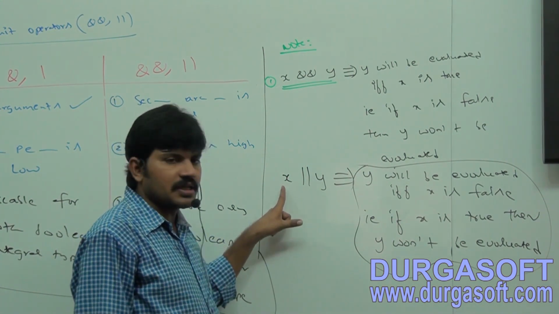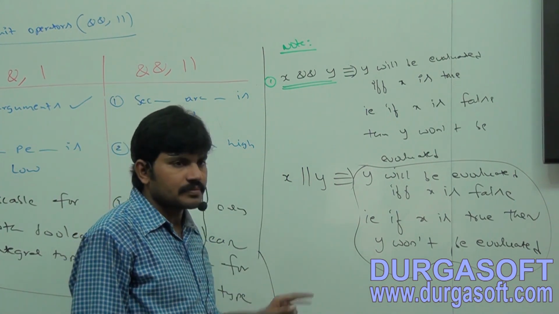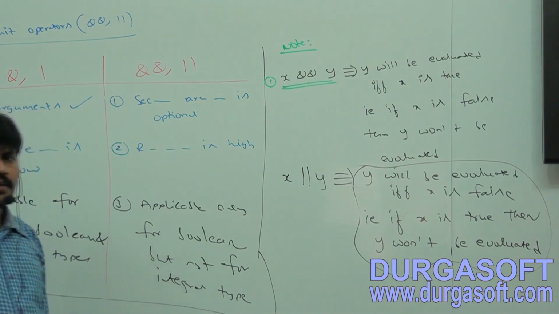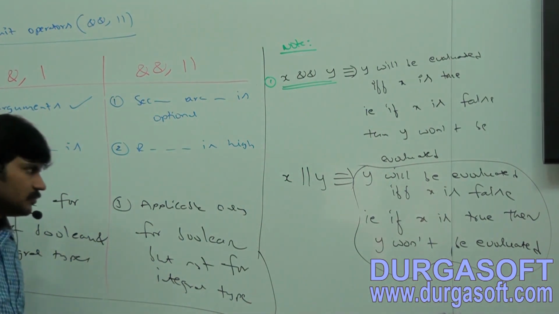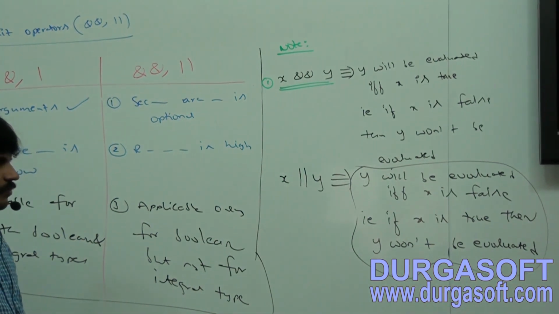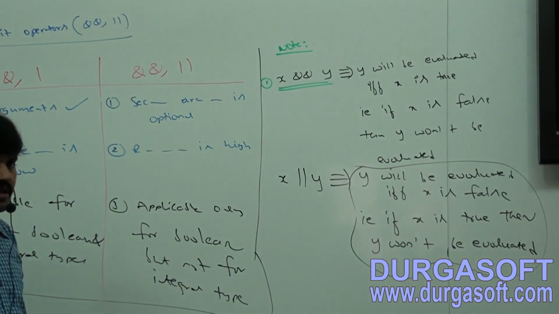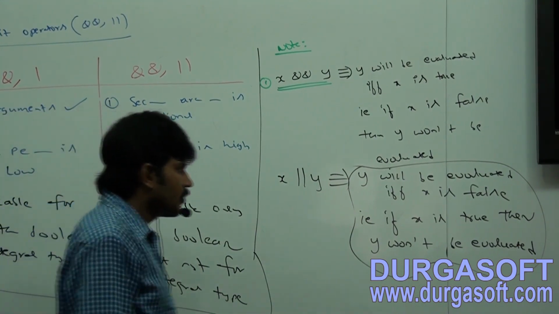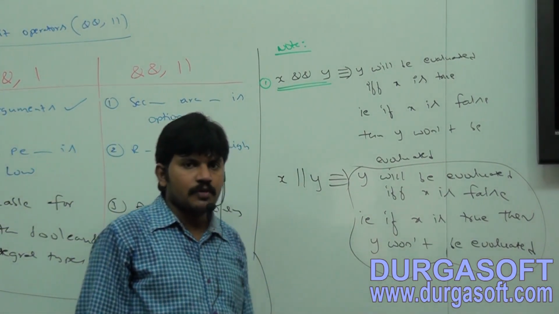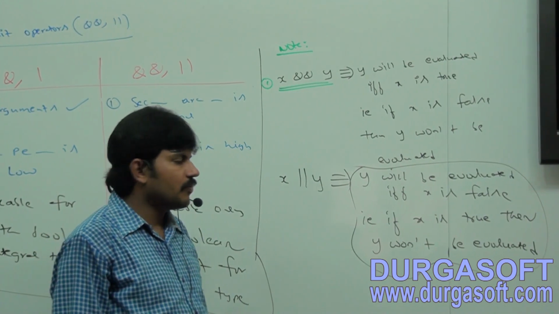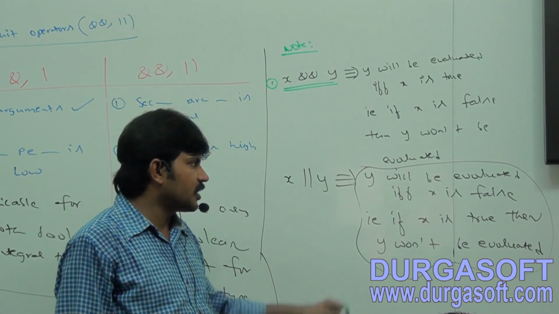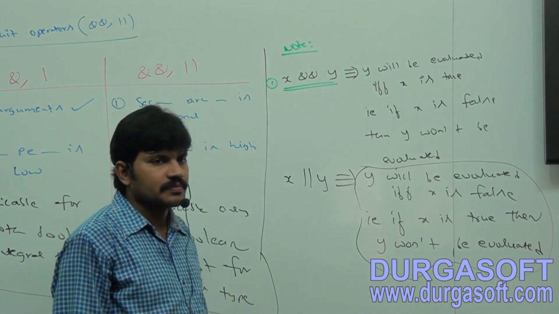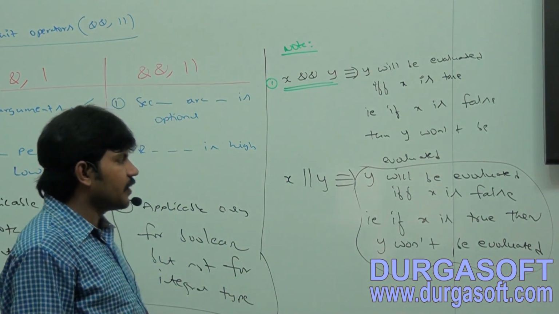Next, x || y. Y will be evaluated if and only if x is false.